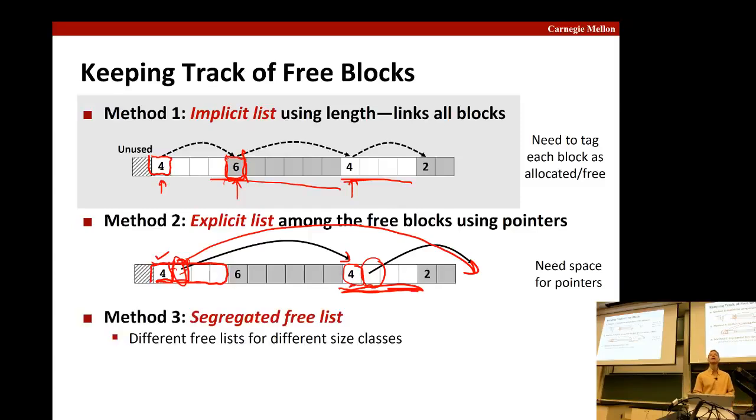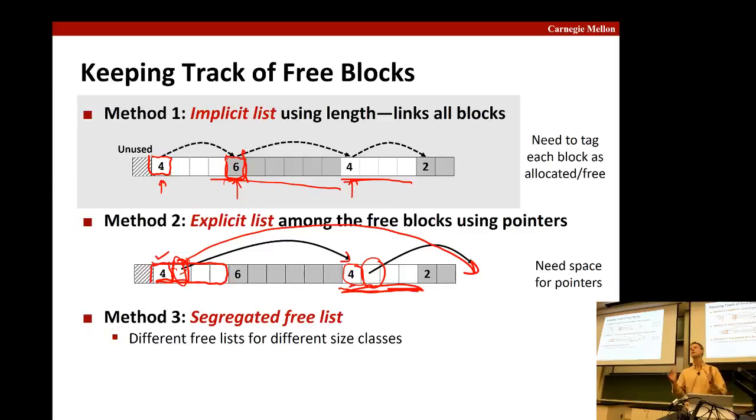Another method that we'll cover in the next lecture as well, that you're going to want to consider for your malloc lab, is having different classes of free lists based on size.